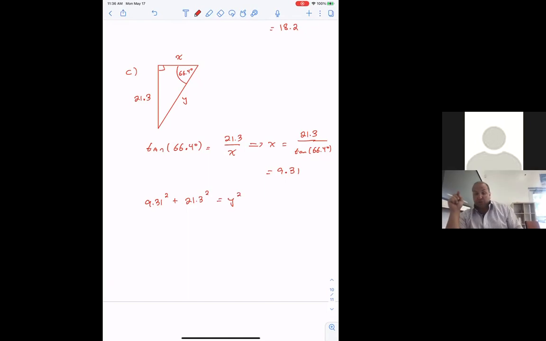Don't forget, even though I'm writing 9.31 on my paper, when it comes to actually doing the math, I use all decimal places. So it's 9.3057411186 squared plus 21.3 squared, and then square root that, and I get Y equals 23.2 to 3 significant figures.